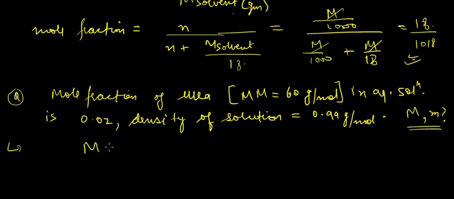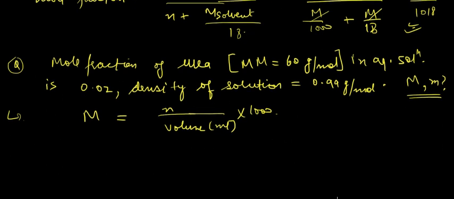So molarity is number of moles of urea divided by volume of solution in ml, into 1000. Mole fraction of urea is given.